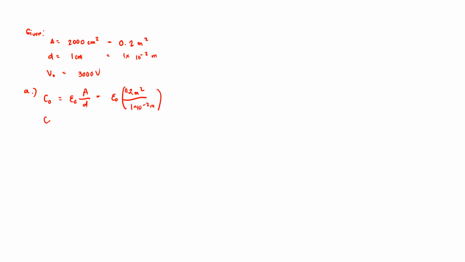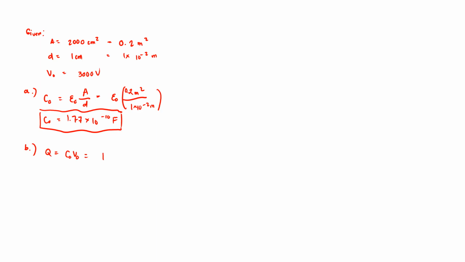So C naught is equal to 1.77 times 10 to the minus 10 farad. Okay, and then the charge Q. To find the charge Q, we have Q is equal to C naught multiplied by V naught.